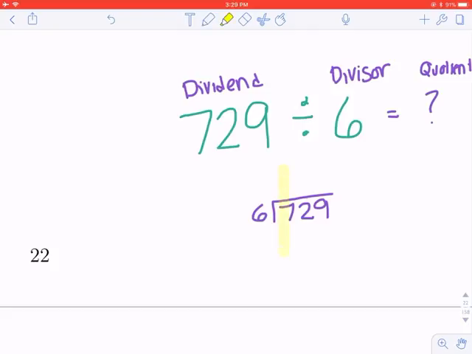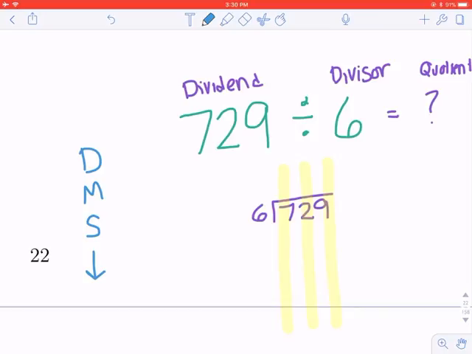This is not required, but some people like to make columns on their work so they can focus on one column at a time. Each of those is a different place value. I'm also going to write our steps off to the side here: divide, multiply, subtract, bring down, so we can remind ourselves of the order that we're solving this in.